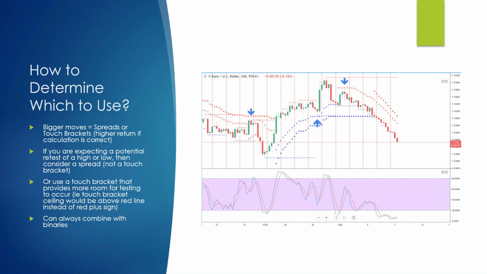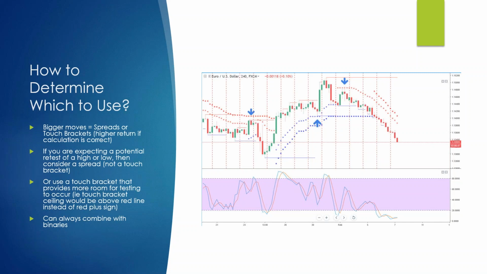If it comes back and it tests a low or it tests a high, let's use the low example. Let's say I entered long, and I entered right at the low, and it comes back to test that low, which a lot of times it will do. The touch bracket you will be stopped out of. I call it being stopped out because it touches the floor. The trade is dead.